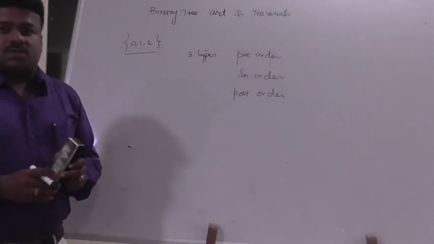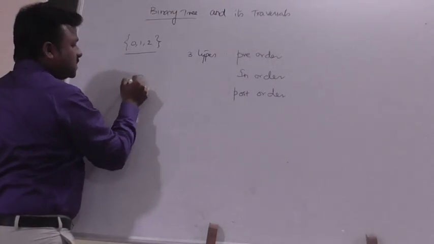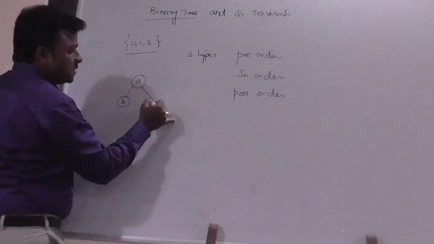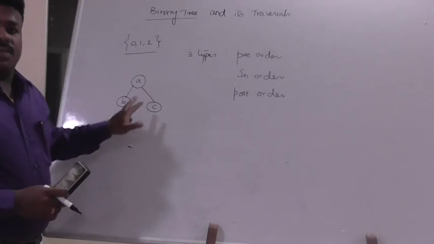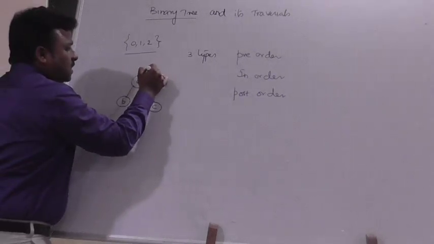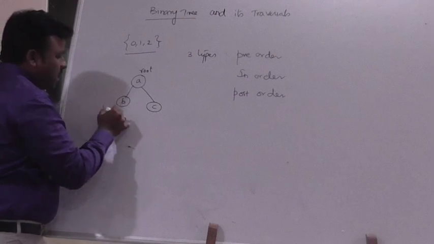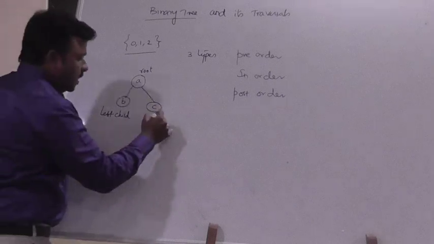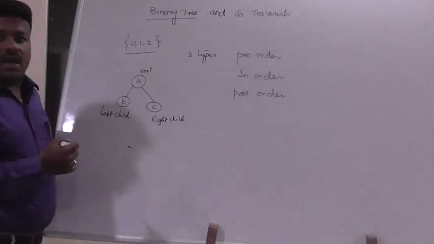In general, the basic structure of a tree is considered as this, in which I can call it root part, left child node, and right child node.